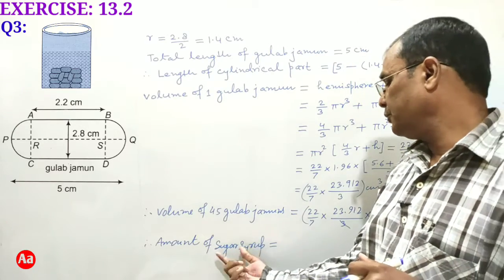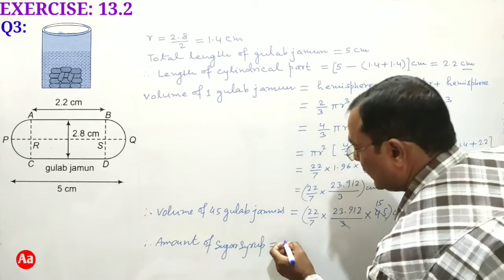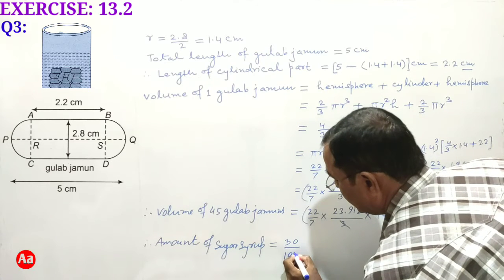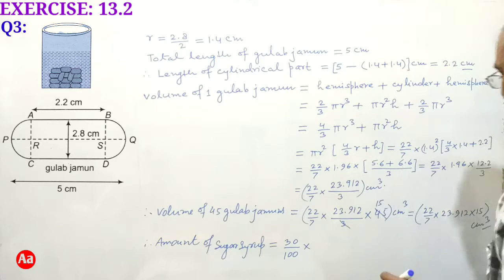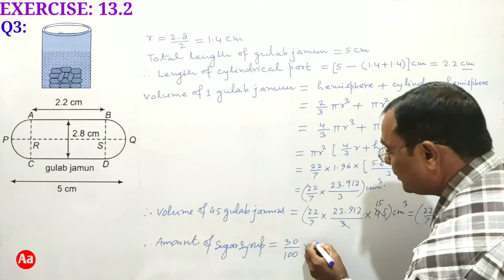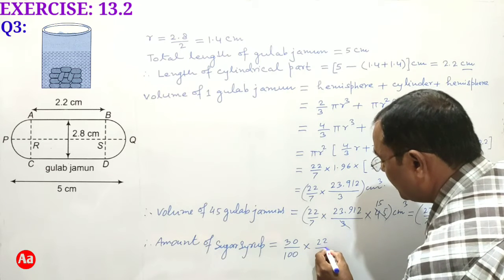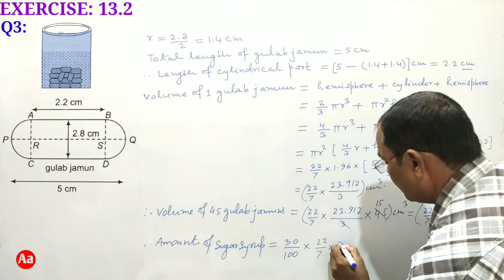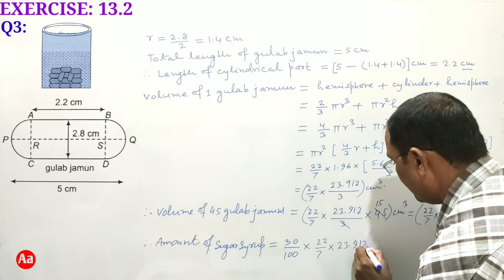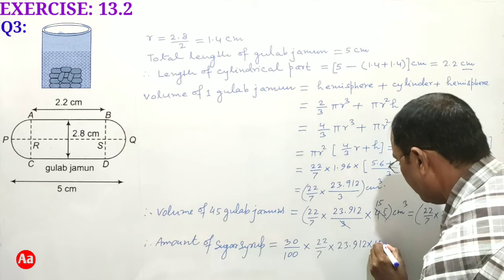So amount of sugar syrup we can write equal to 30% means 30 by 100 into this volume of 45 gulab jamuns, which is 22 by 7 into 23.912 into 15.